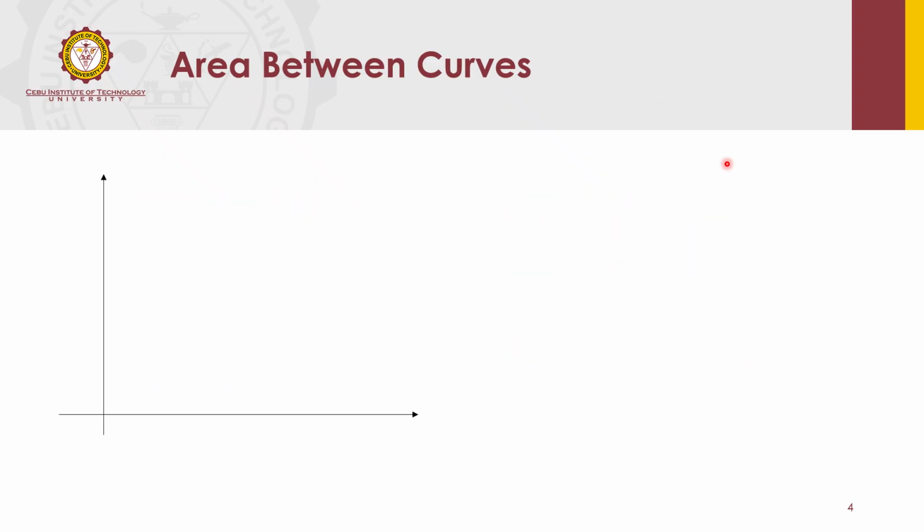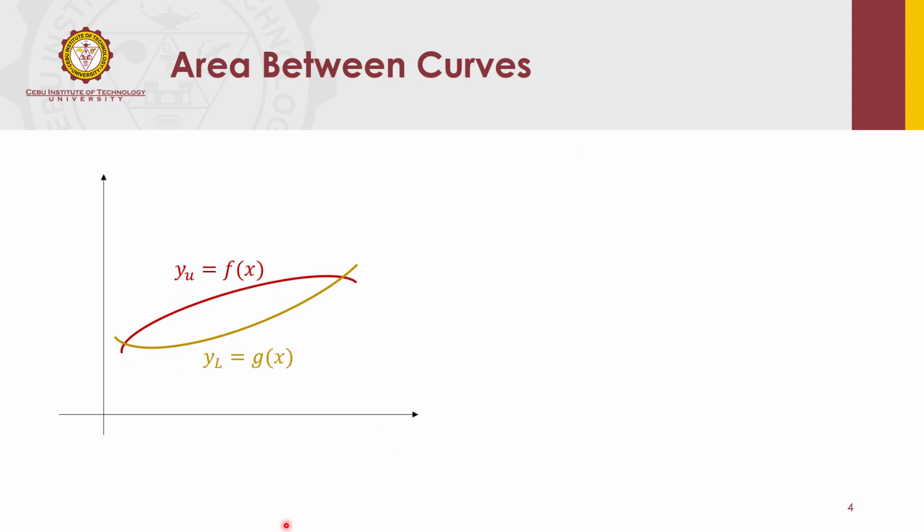Supposing we have this curve and another curve, and we want to know the area between them, or the area bounded by them. Let's first label them. If the function is a function of x, we can label it as y equals f of x, and we'll use a subscript u, meaning upper.